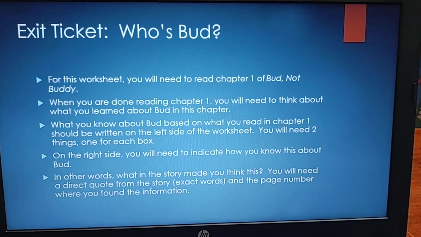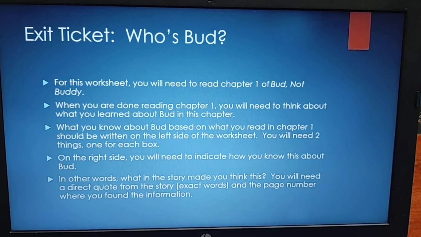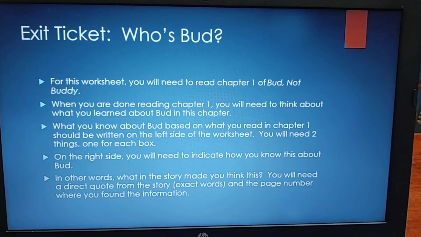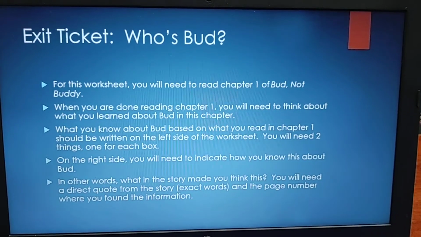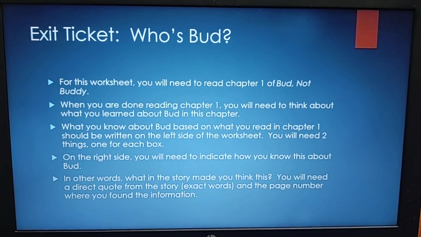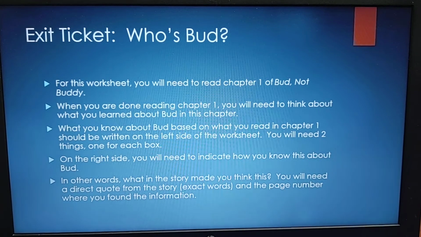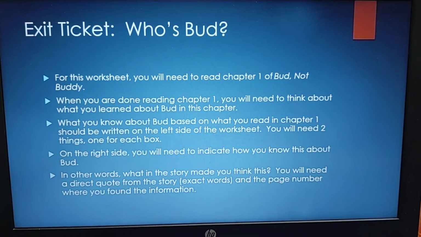What you know about Bud based on what you read in Chapter 1 should be written on the left side of the worksheet, and you will need 2 things, one for each box. On the right side, you will need to indicate how you know this about Bud. In other words, you need to write what in the story made you think this. To do that, you will need to write a direct quote, which is the exact words from the story. You will also need to write down the page number where you found this quote.